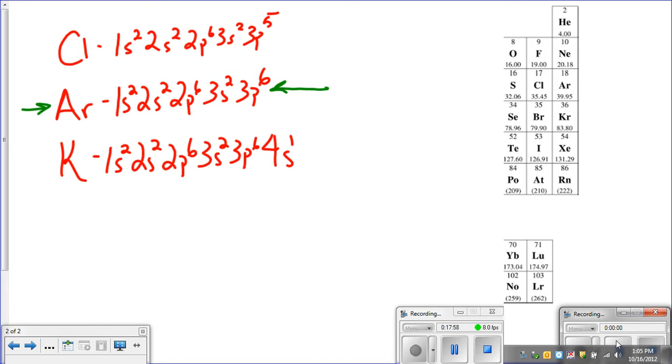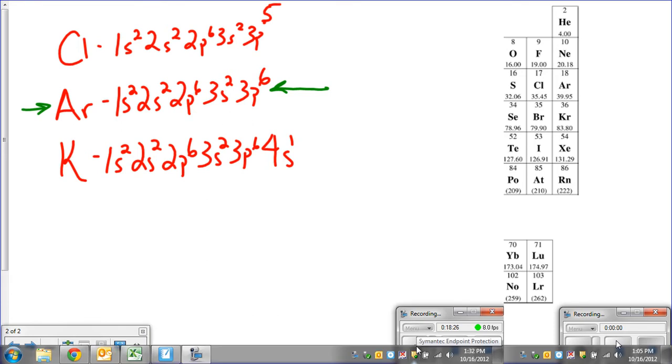Elements will gain or lose electrons to become more stable. Things want to be stable. They want to be at their lowest energy levels possible. And stability is that lowest energy level. So look at chlorine. Chlorine is very close to being the same as argon. The only thing throwing it off is this 5. It is short 1 electron. So chlorine can add 1 electron.